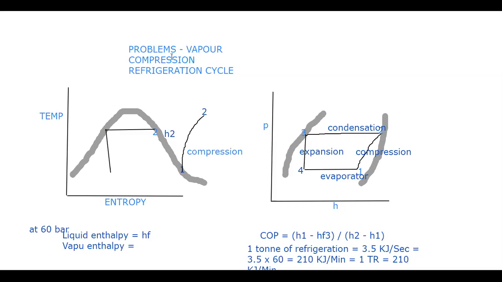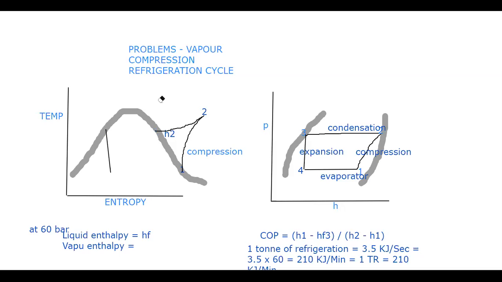Now what happens after compression is condensation, right? It will be condensed in such a way that it follows this type of curve. We'll call this particular point 2 dash. We will not call this 2.